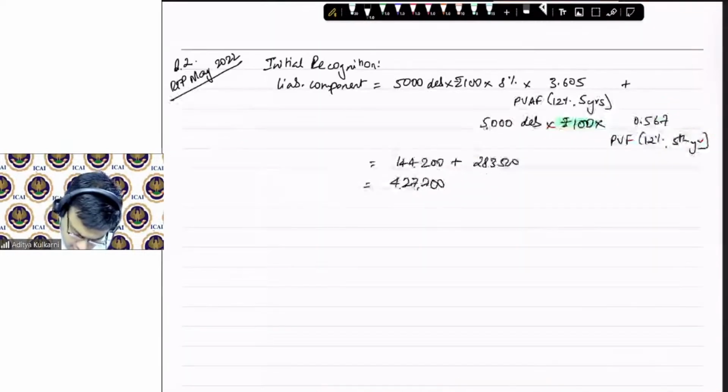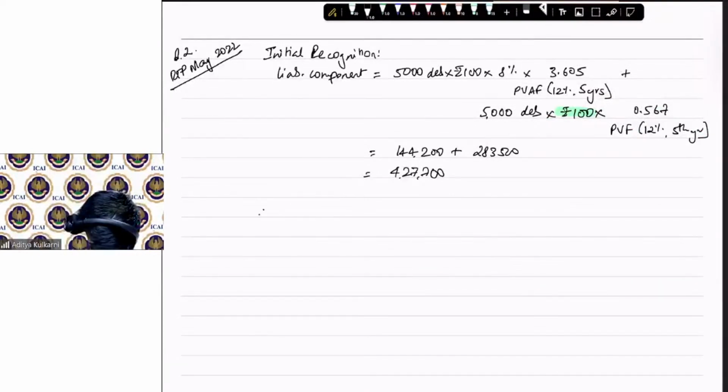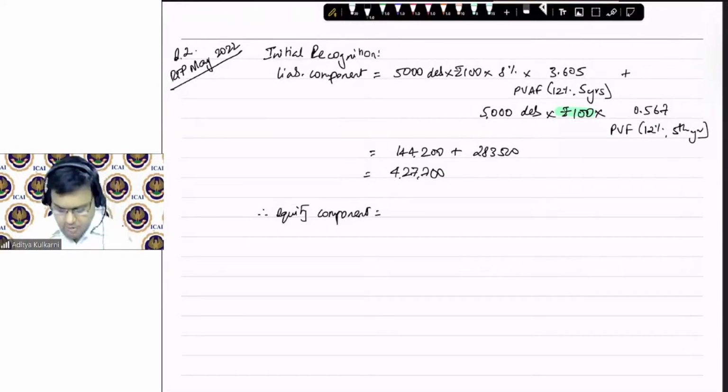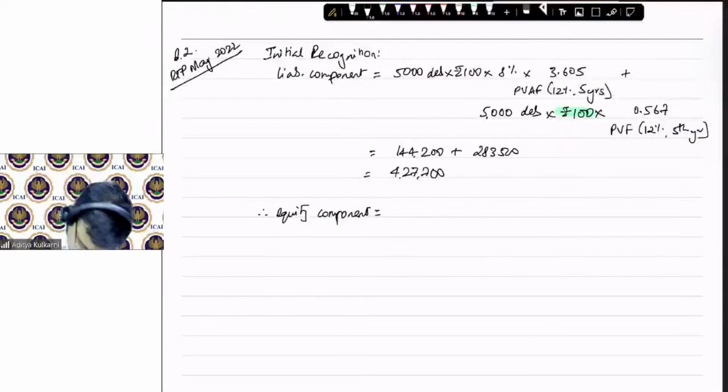All right. So now let us move on to the next one. Therefore, equity component is equal to 5,000 into 100, that is 5 lakhs, minus the liability component, which gives $72,300.